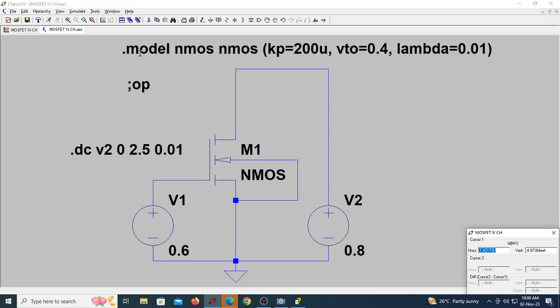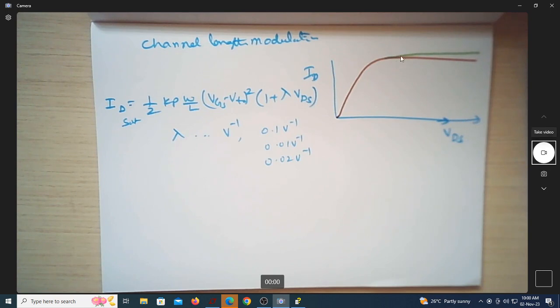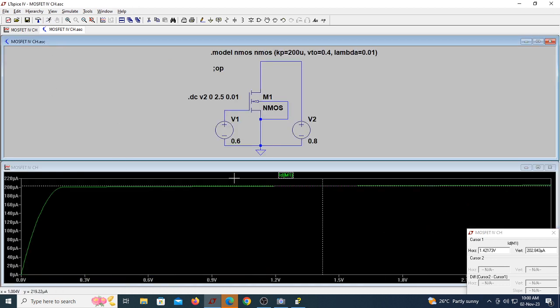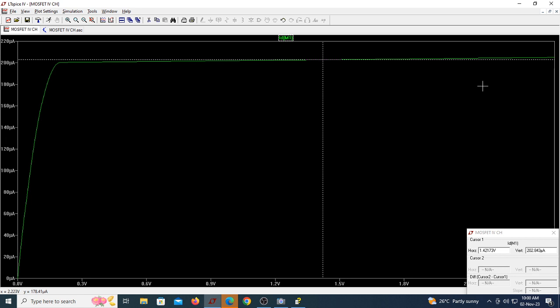Now, since I'm doing dot DC, that is sweeping this voltage from 0 to 2.5, I should be expecting a graph something like this which just keeps changing. So now let me just do it. Since it is already there in dot DC, I can run this. You can see now you have that variation.